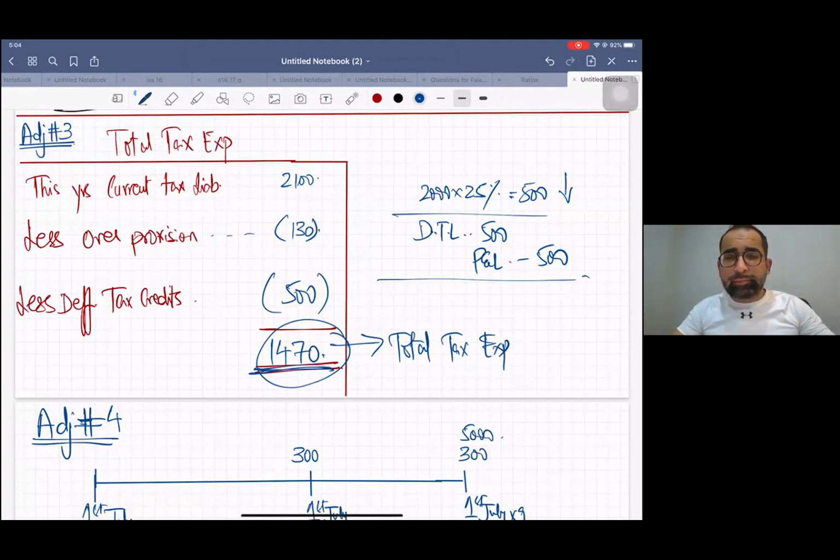Leave it, forget it. Okay, so we'll be posting this 1470 in the tax, and soon I'll post, don't worry.